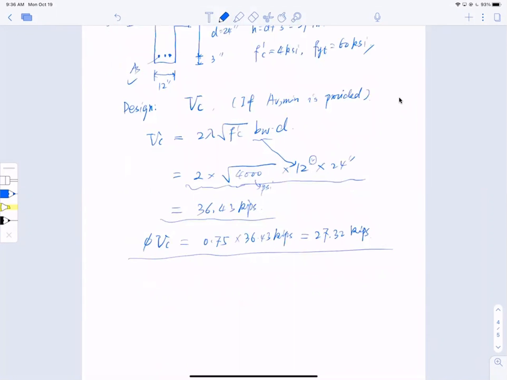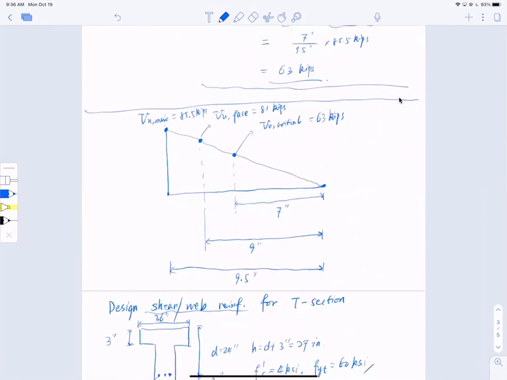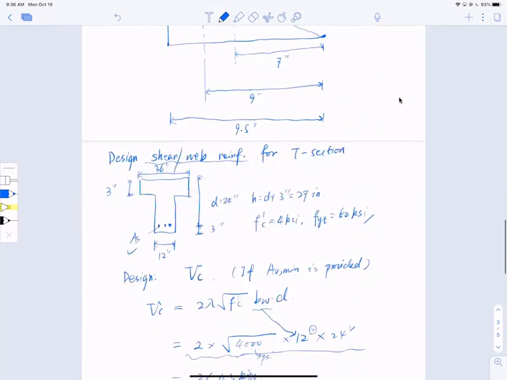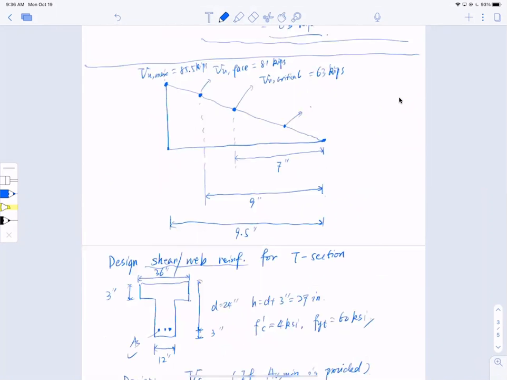If I have phi Vc of 27.32 and look back at the shear diagram, this number is probably somewhere here. I know for a fact that shear on the right-hand side of this line is smaller than phi Vc, so most likely I don't need to design stirrups.